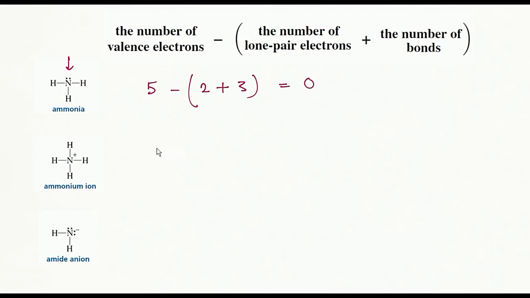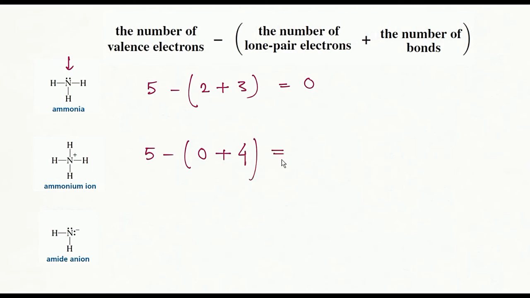The next one is the ammonium ion. The same way, calculate the formal charge, number of valence electrons minus number of lone pair electrons. In this case, 0. Nitrogen with 4 covalent bonds has no lone pairs plus the number of bonds, 4.